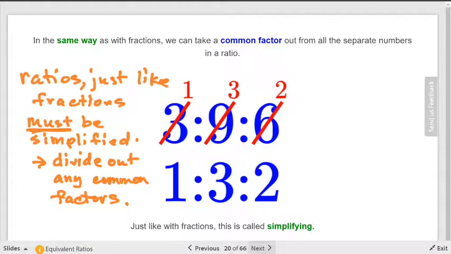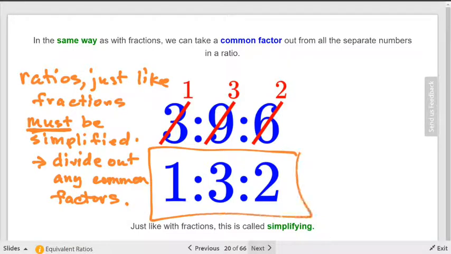Yes, you will simplify. There are going to be times when you might build up a ratio, and we'll look at some of those perhaps in this section. You might build up a ratio to change the numbers. But as a general rule, if you're writing an answer, the simplified form is the one you want, unless they specifically tell you not to.